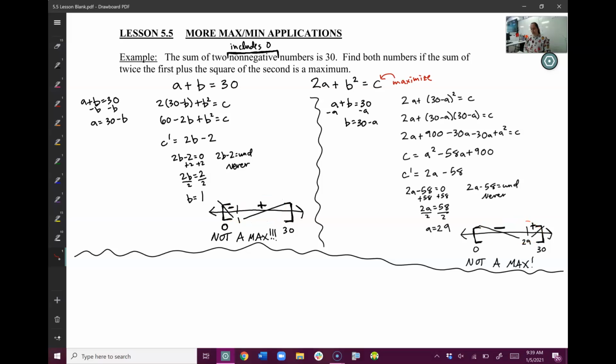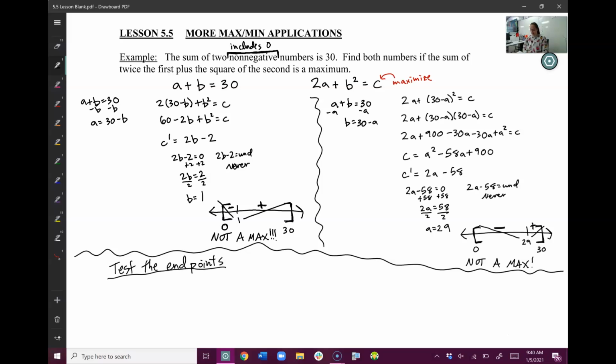However, we could still test the endpoints. So if we're going to test the endpoints, which we can only do because they are included in the problem. So if this had said positive instead of non-negative, this would be a totally different conversation. We can include 0 so we can test the endpoints.